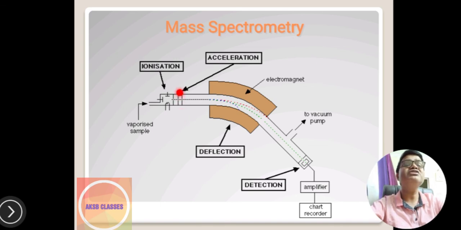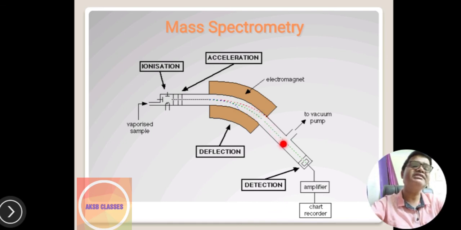So it becomes charged, and after attaining the charge, when it moves inside the region where there is a strong electromagnet, it will deflect due to differential molecular weight or size as well as energy.